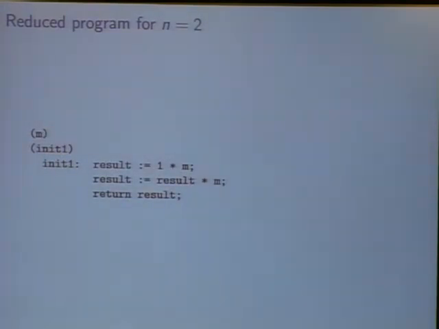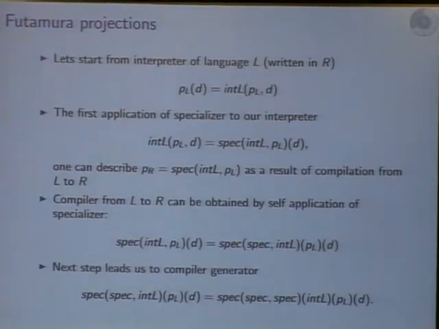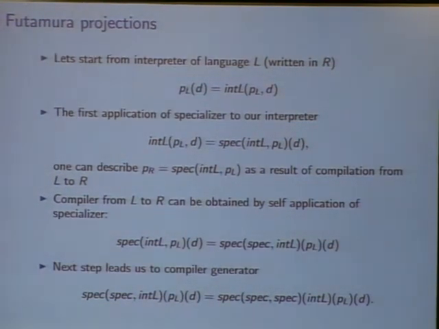To understand this, we need to look at a very beautiful result obtained independently by Turchin and Futamura in the 70s. It's called Futamura projections. It sounds obvious, but it has many important applications.